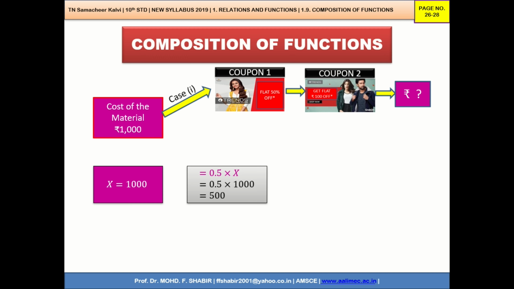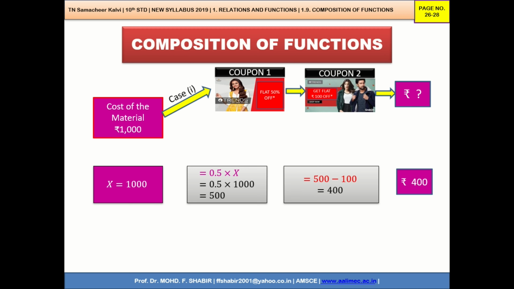Now the amount he has to pay after using coupon 1 is 500 rupees. After that, if he uses coupon number 2, 500 minus 100 equal to 400. Coupon 2 is what? Get flat 100 rupees off. Therefore, the amount now is reduced to 400. So the customer has to pay 400 rupees now in the billing section.